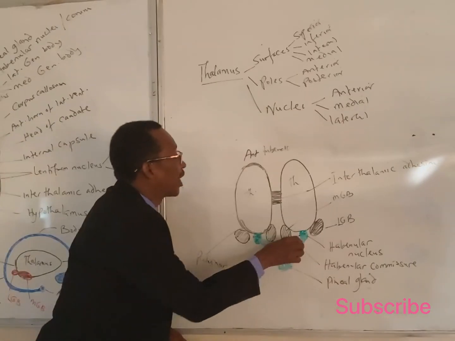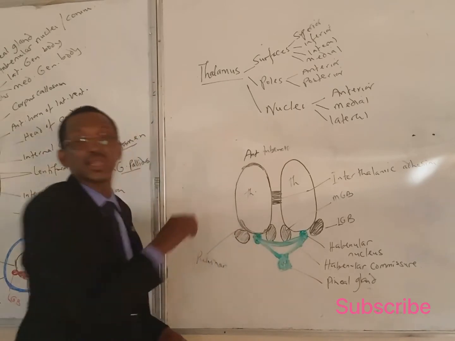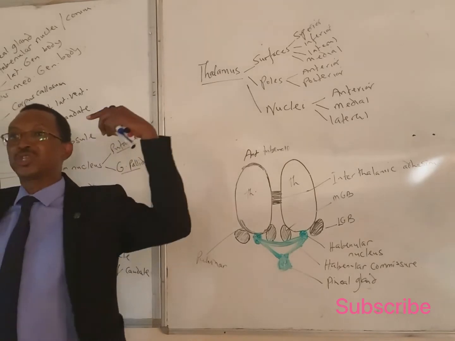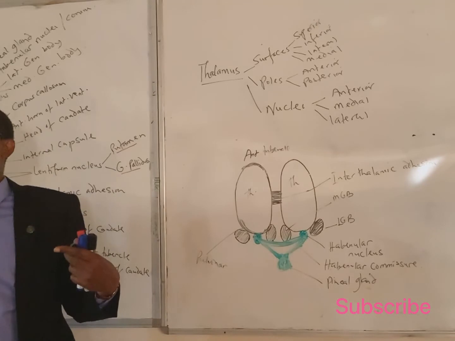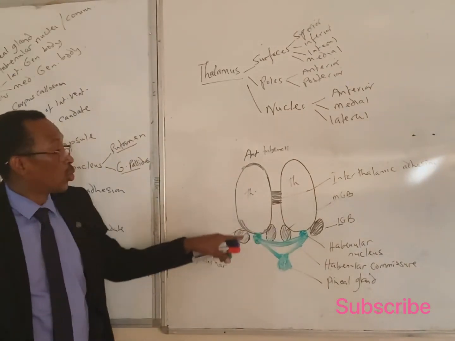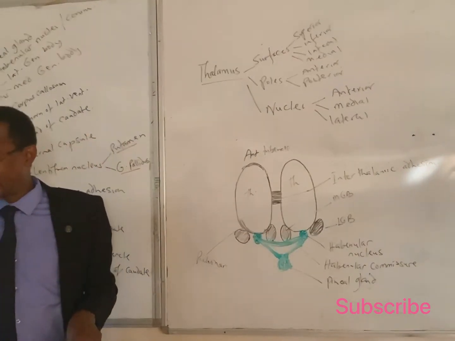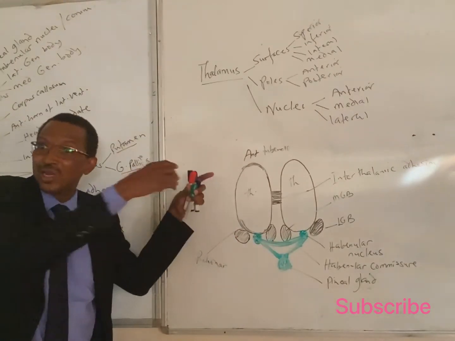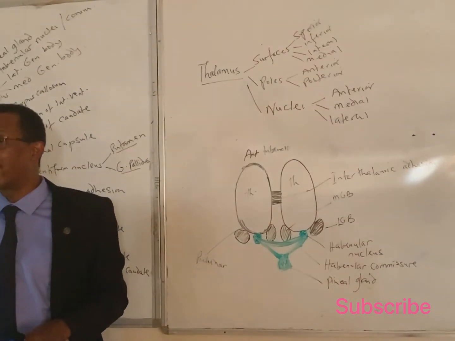And the two habenular nuclei are interconnected, and that is what we call the habenular commissure. If you can remember, the two cerebral hemispheres are linked together by the corpus callosum, which is part of the commissural fibers. So here it is commissural fibers joining the habenular nucleus of one side with the habenular nucleus of the other side. So you have the habenular commissure joining the two habenular nuclei, each on either side of the posterior end of the thalamus. Are you clear?